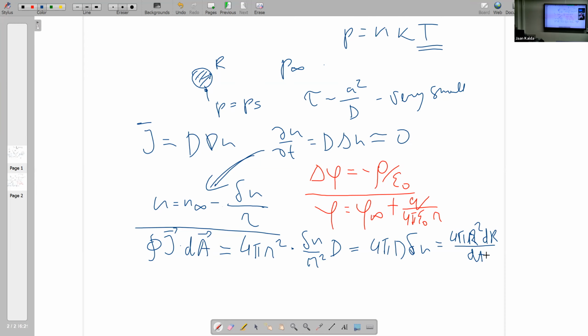So, in order to get this going to the number of molecules, we need to multiply by the number density in the liquid phase. The number density of particles in the liquid phase, N sub L, needs to go here.